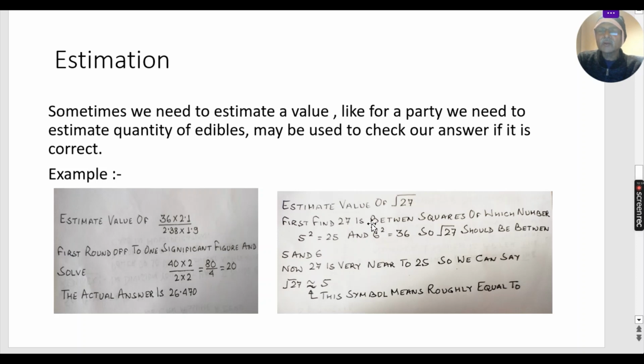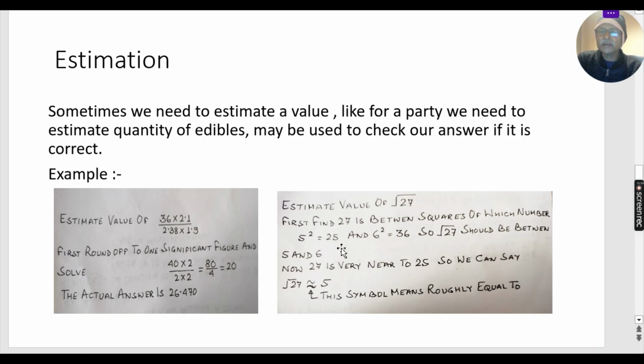Say, let us take 5 square. It is 25. The next digit is 6. 6 square is 36. So 27 is definitely between the squares of 5 and 6. So the square root of 27 should be between 5 and 6.